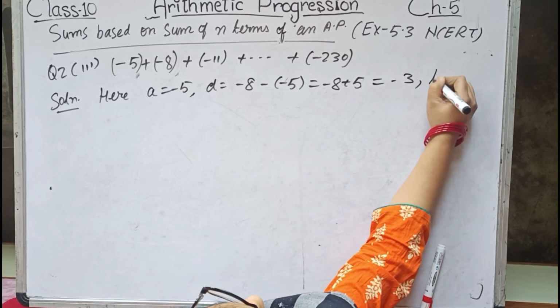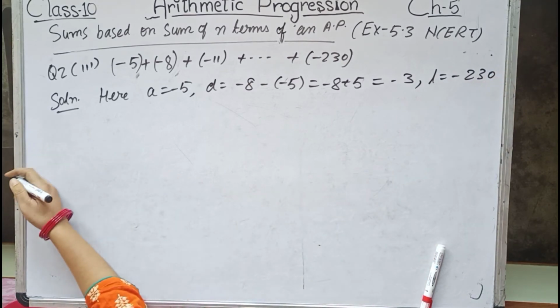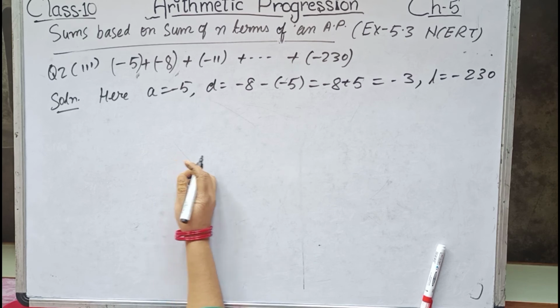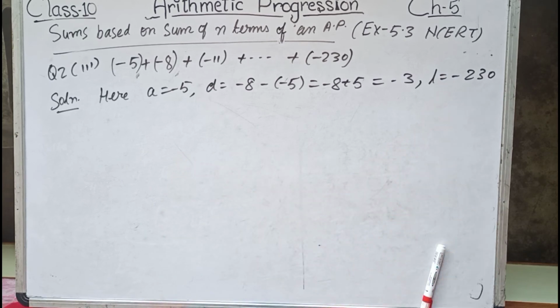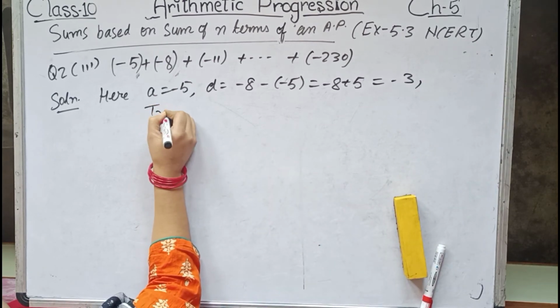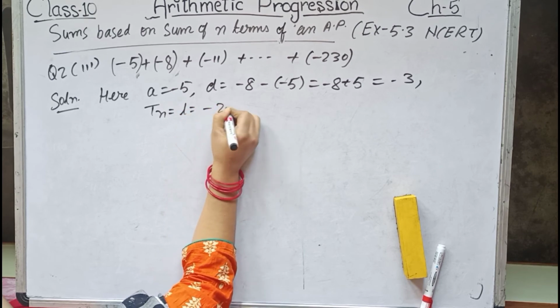And L equals minus of 230. That is the last term, Tn. Now we have to find N. So let us write over here Tn equals L equals minus of 230.